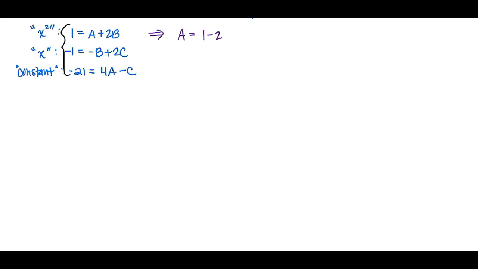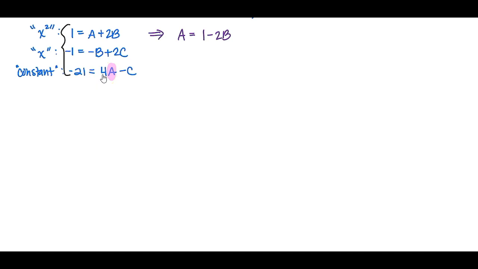And if I now take that a equals 1 minus 2b and substitute it into this a right here in the bottom equation, then the bottom equation will have b and c in it. And this middle equation already has b and c in it, so I'll be able to solve those 2 equations.